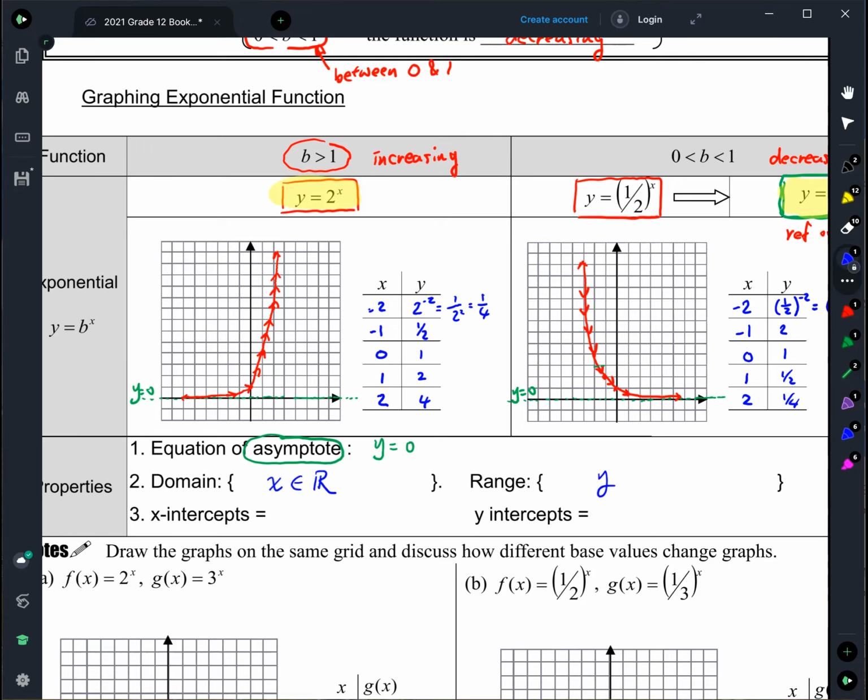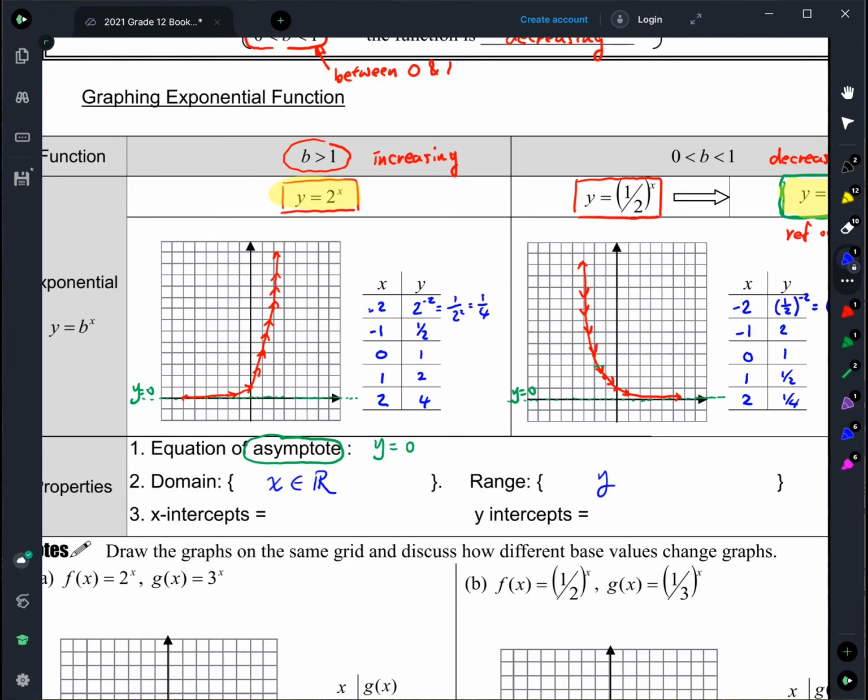Is the y value any numbers we like, or is there a limit? Can you go below 0? No, it doesn't go below 0. It has to be higher than y equal to 0, the asymptote line.